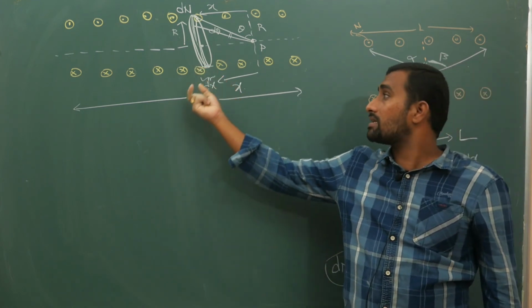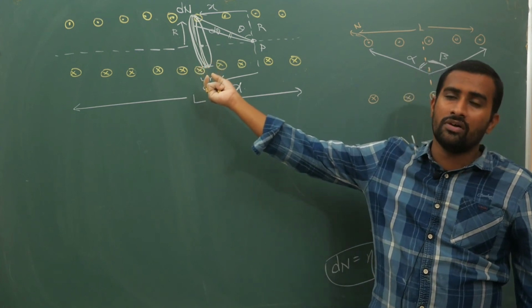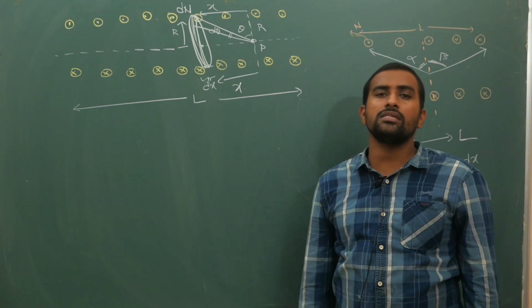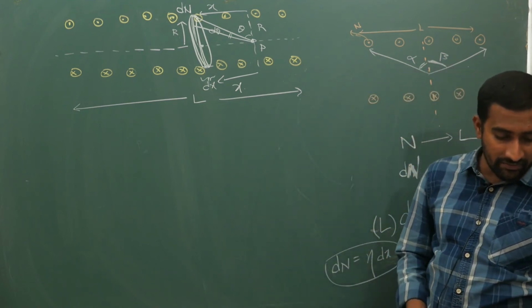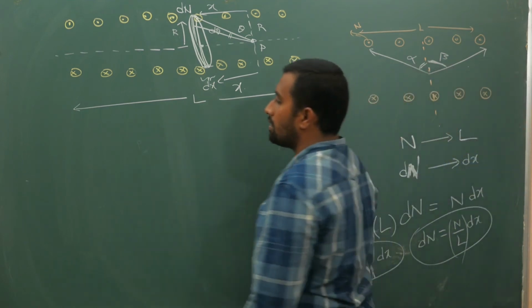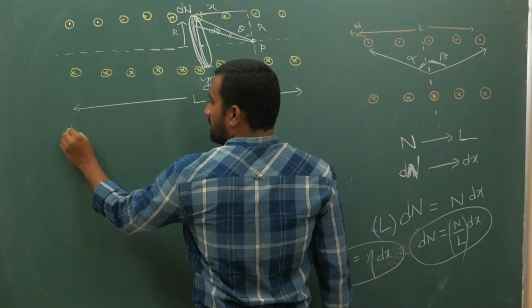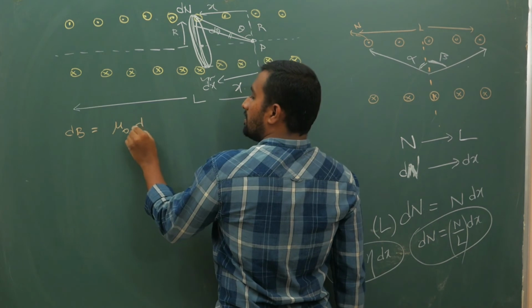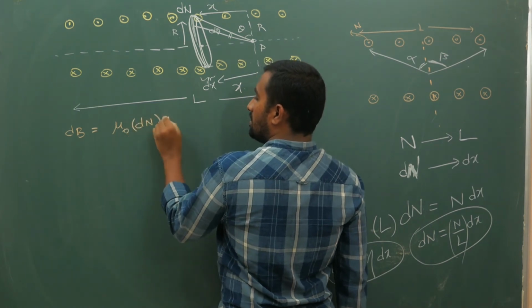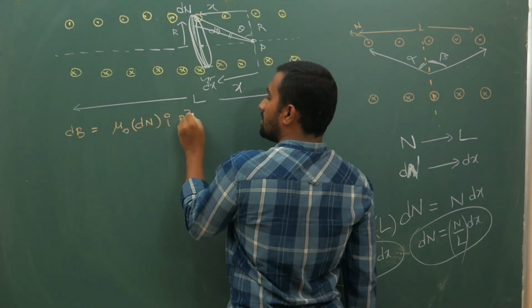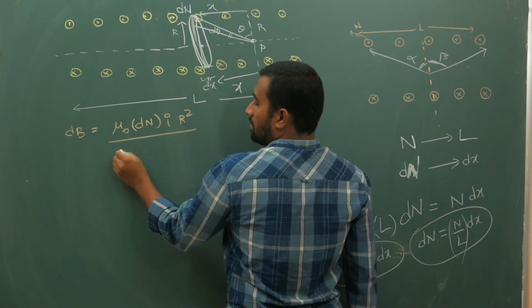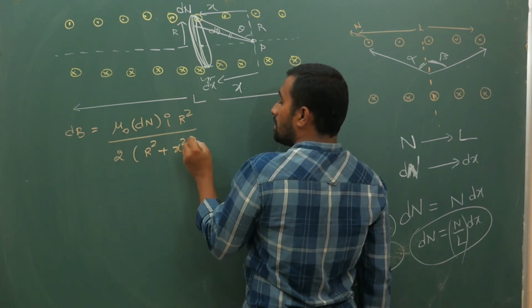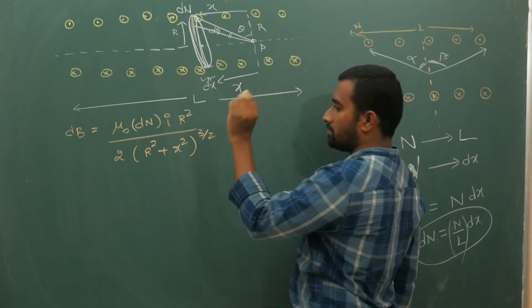Now on the axis of a ring, the magnetic field dB is mu naught into number of turns dn into I into R square, divided by 2 times (R square plus x square) whole power 3 by 2.